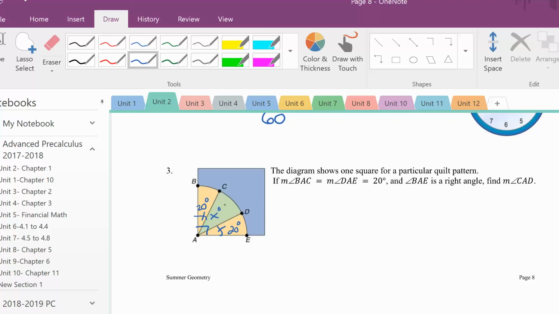We'll say that's x. So we know that x plus 40, because it's 20 plus 20, equals 90 degrees. So x equals 50 degrees. The measure of angle CAD is equal to 50 degrees.